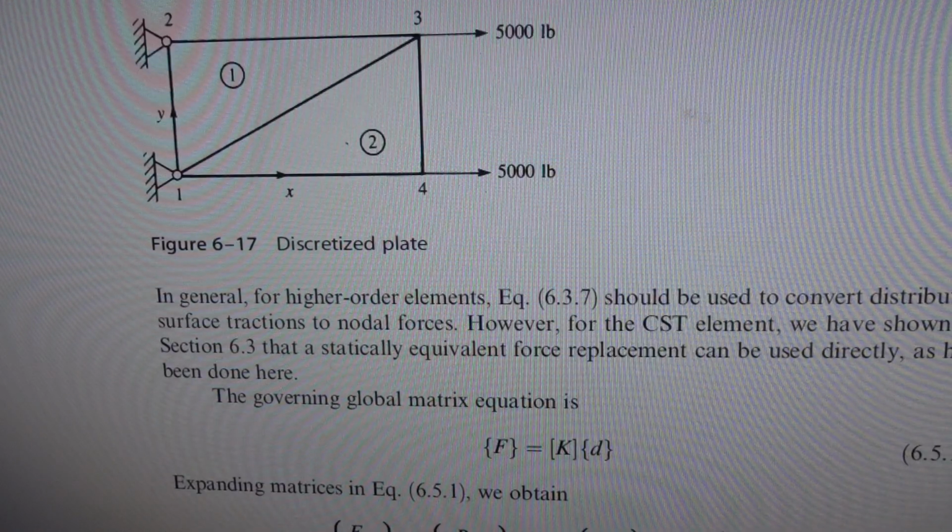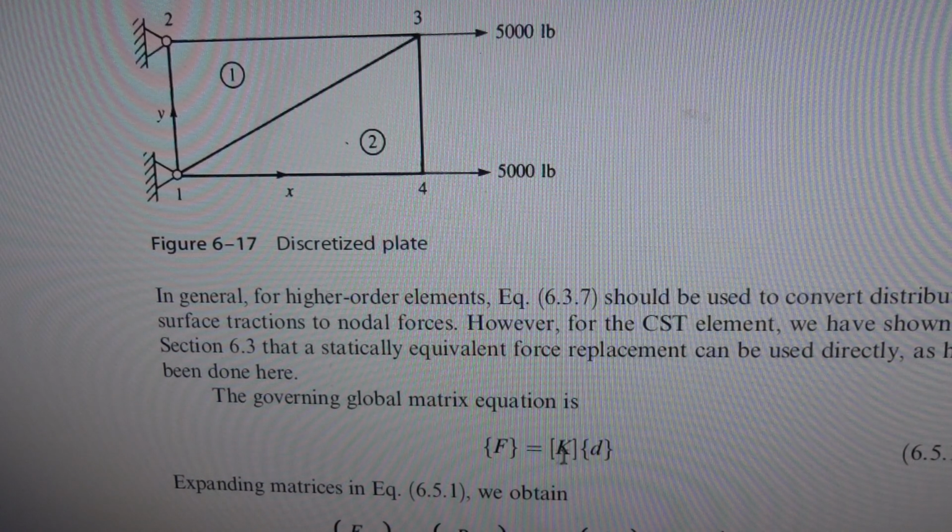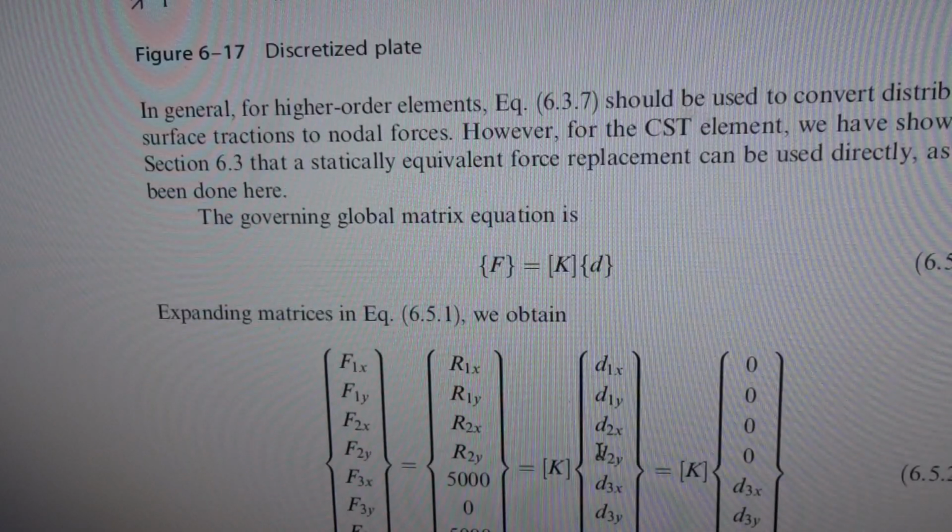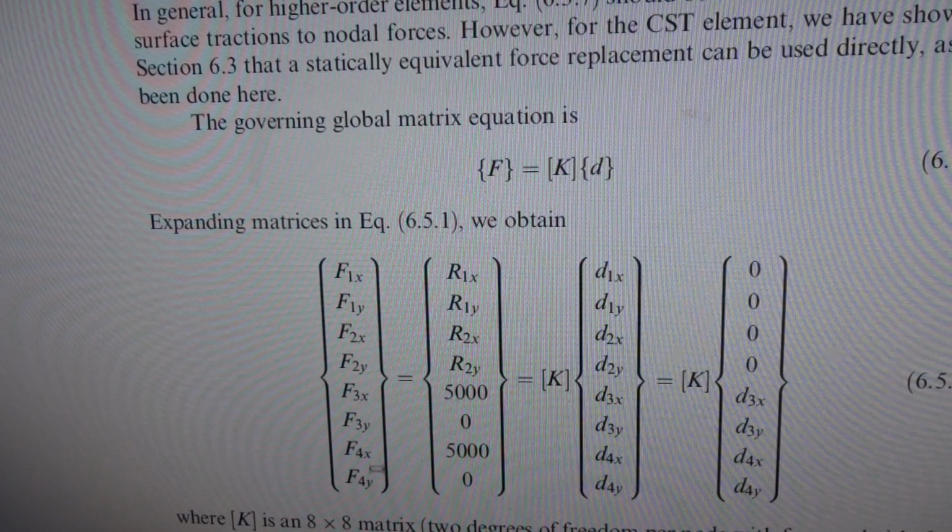So you know that the total global force is equal to K stiffness multiplied by displacement. This is the global force, written as R1: F1x is the reaction R1x at node 1, F1y is the reaction at node 1 in the y direction, F2x the reaction in the x direction, and the reaction in the y direction.